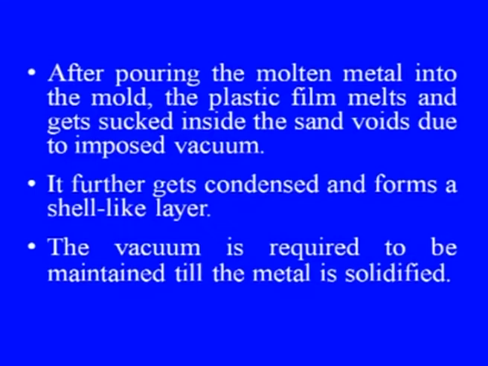After pouring the molten metal into the mold, the plastic film melts and gets sucked inside the sand voids due to the imposed vacuum. It further gets condensed and forms a cell like layer.